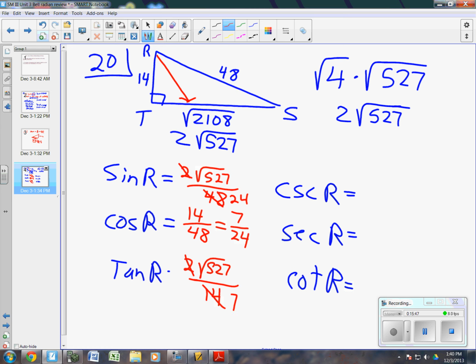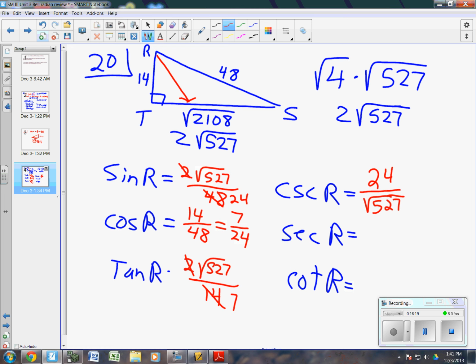All right, hey, how many of you guys know how to rationalize the denominator? You guys have never learned how to rationalize the denominator? Ellie knows how to do it? Well, if I flip this one over to get 24 over the square root of 527, some mathematicians a long time ago decided that we'll never have a format where the answer will have a radical in the denominator.